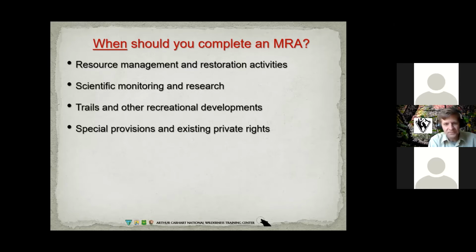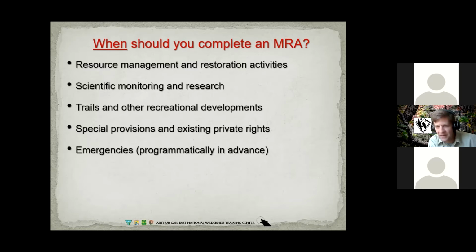Next one. Emergencies. So we mentioned this before a couple of times. It says programmatically in advance. So the best management practices for dealing with emergencies and conducting an MRA that addresses emergency use of prohibited activities or prohibitions in wilderness is done proactively in advance with the emergency services providers in that area.